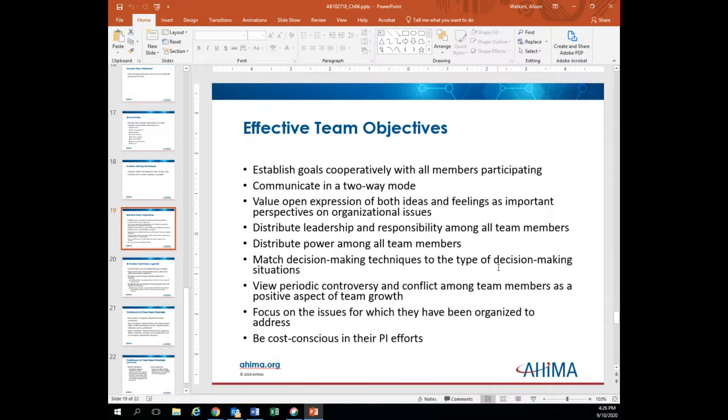Viewing periodic controversy and conflict among the team members as a positive aspect of team growth.